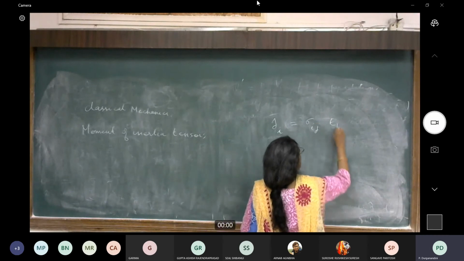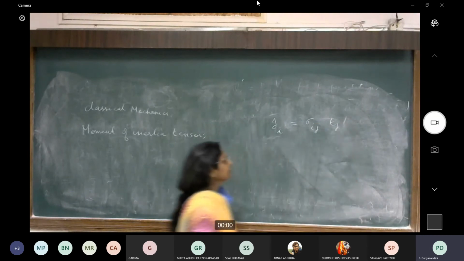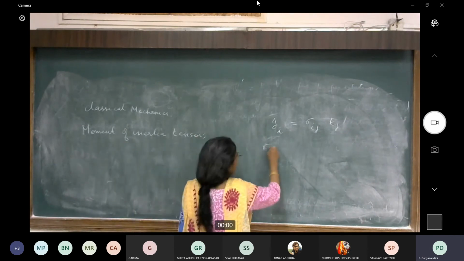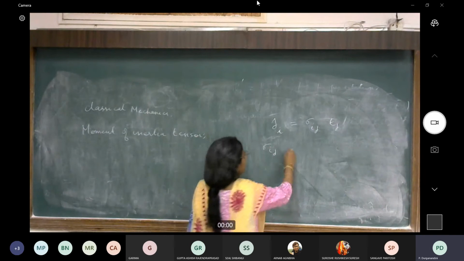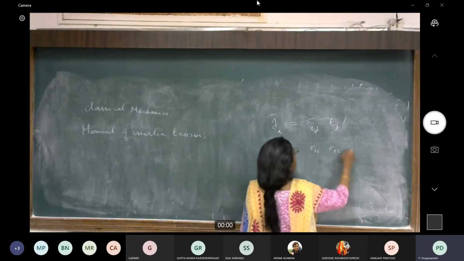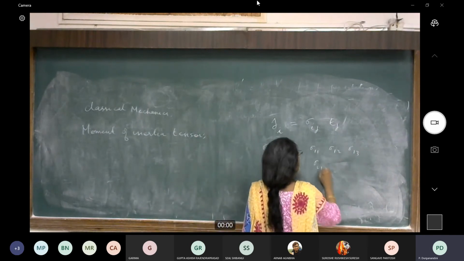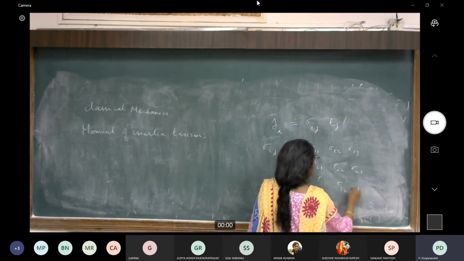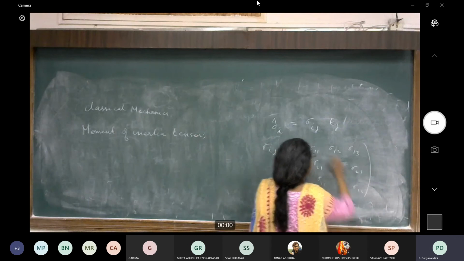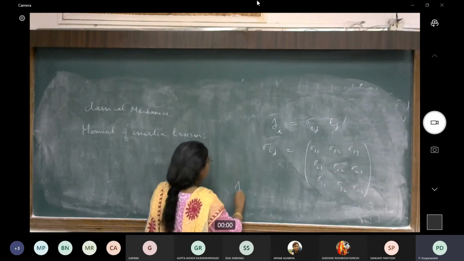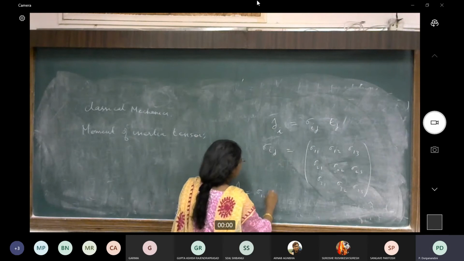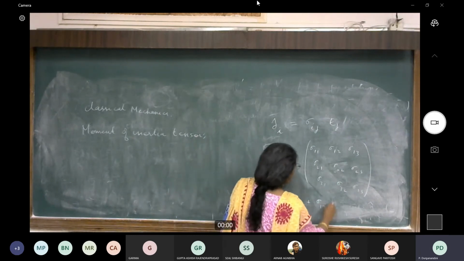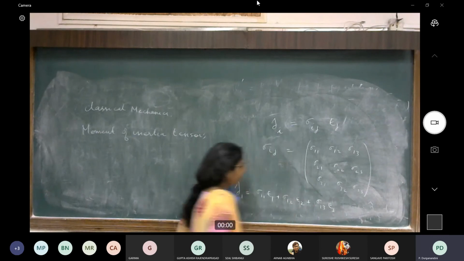Here sigma ij is an object which has 9 elements: sigma 1,1, sigma 1,2, sigma 1,3, and so on. This tells me that J1 is equal to sigma 1,1 E1 plus sigma 1,2 E2 plus sigma 1,3 E3.